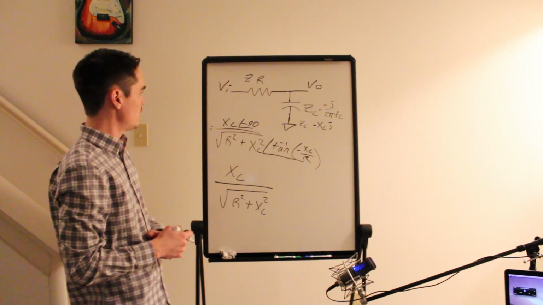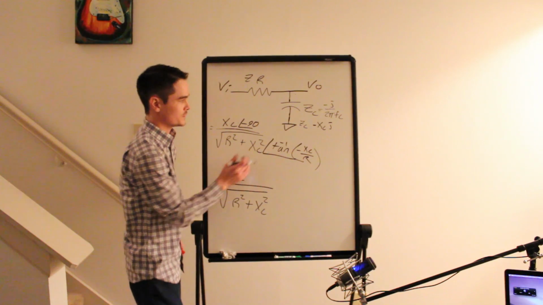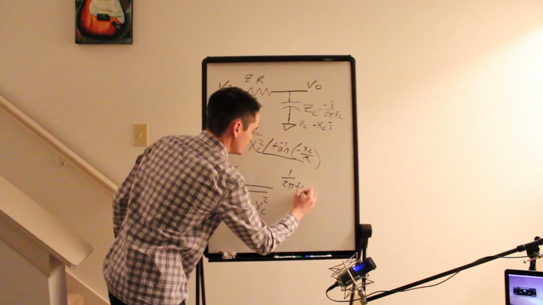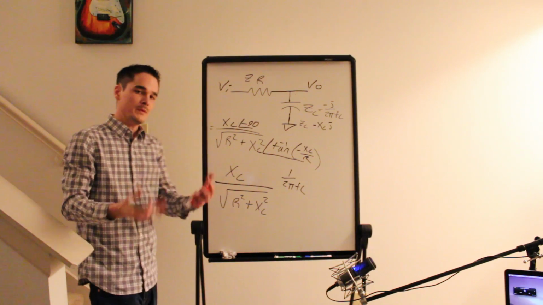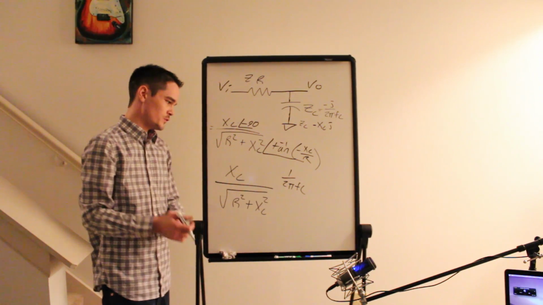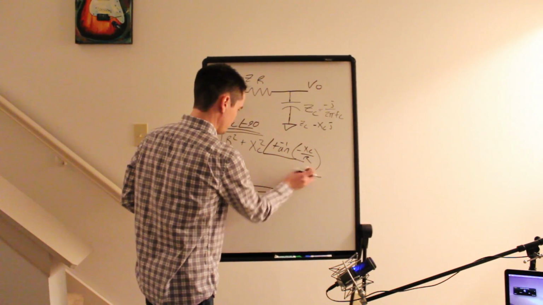That's your gain. Anything here I can multiply in here. Now, x of c is equal to 1 over 2 pi f c. That's all it is. Remember, the impedance brings in that j and all that goofy stuff. x of c is 1 over 2 pi f c. So there is your gain.